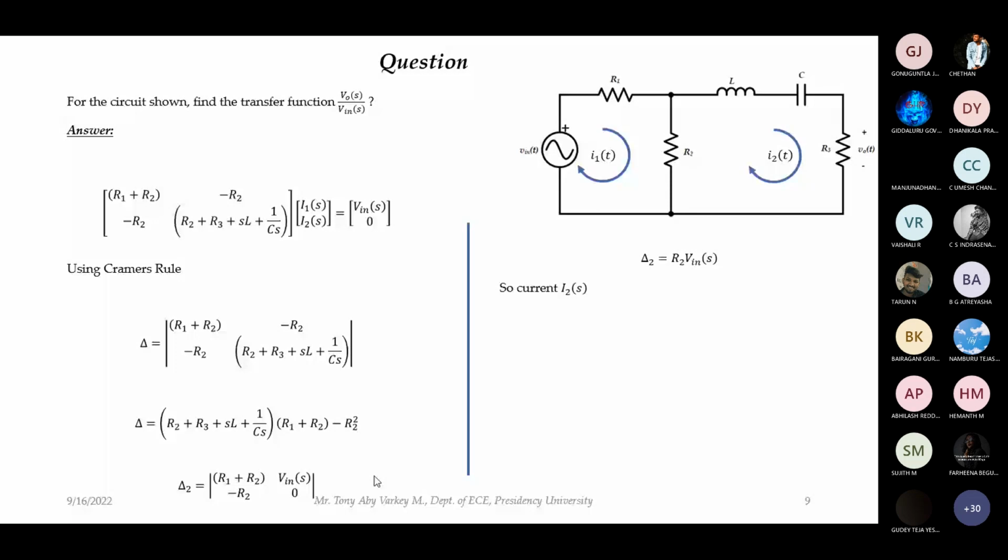Similarly, what will be I1 of S if you want to find I1? Delta 1 by delta. Delta 1 will be obtained by replacing the first column with the output matrix. But we don't want that, because I want only I2 of S. So I2 of S is equal to R2 into V in of S divided by the delta value. Is it clear?